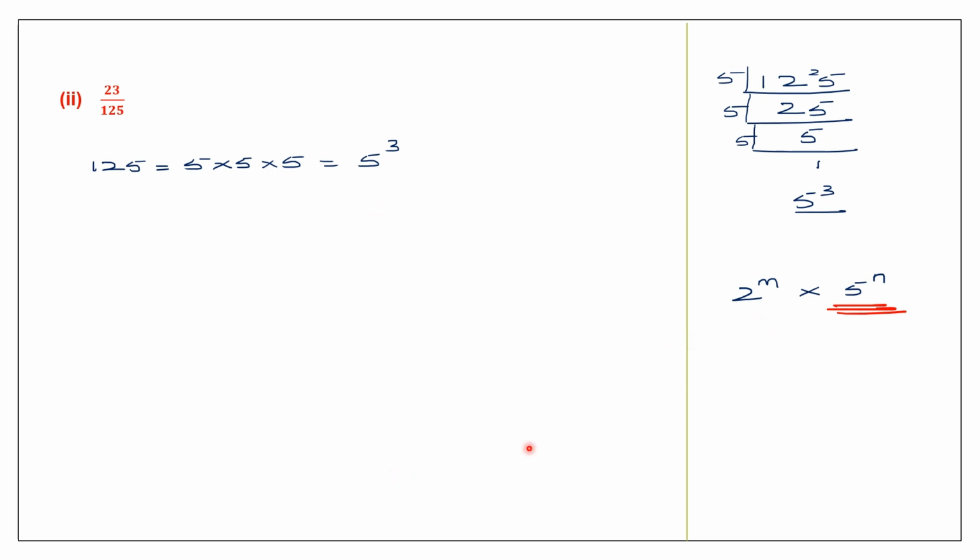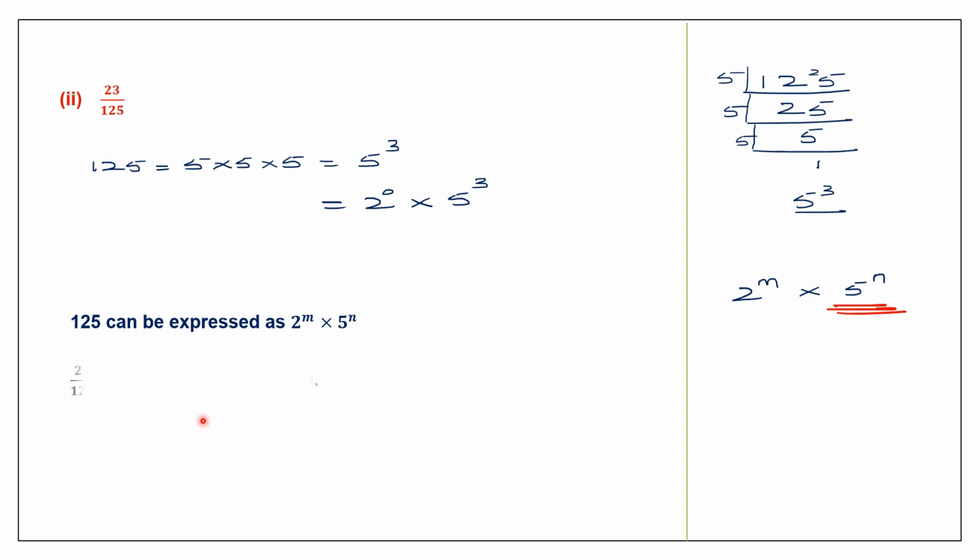So here what can we write? We can say 2 to the power of 0, that is 1, into 5 to the power of 3, which is 125. So 1 into 125 is 125. That means we can express 125 in the form of 2 to the power of m into 5 to the power of n. So it can be expressed in that form.